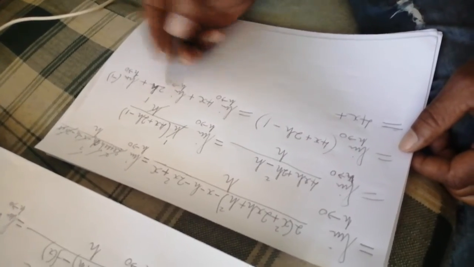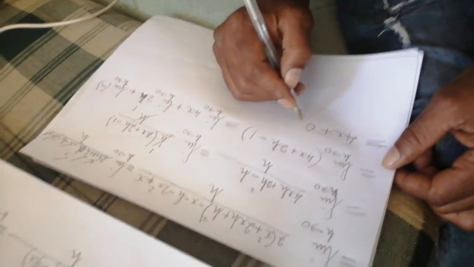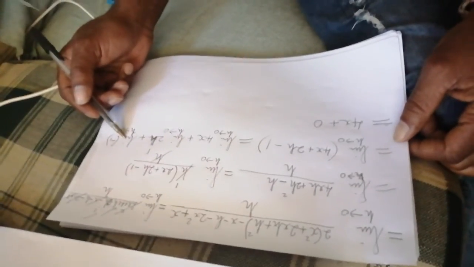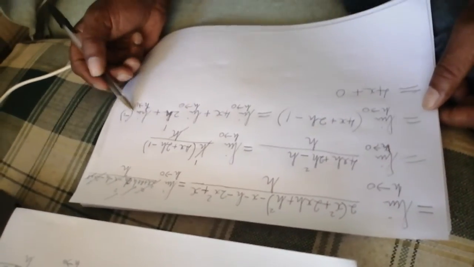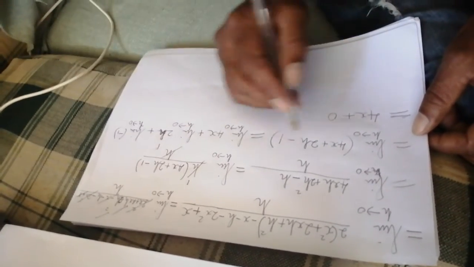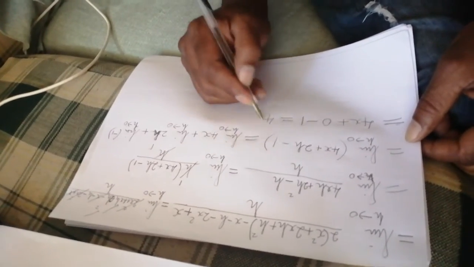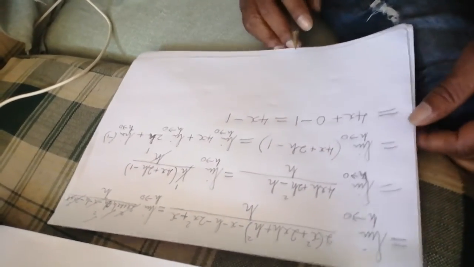Then plus, the limit as h goes to 0 of any other variable will give you the same variable, so this is going to be minus 1, giving you 4x minus 1.